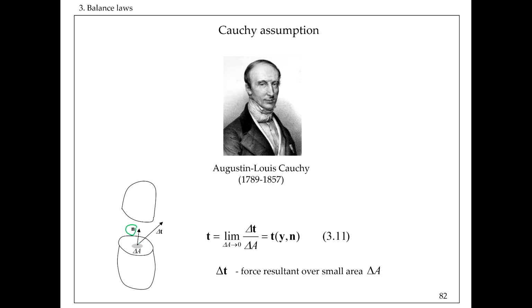We find this small area element, and we make it as small as possible. So we're taking the limit of this area going to 0, and we calculate the ratio of the resultant force of all the forces that act on that small element at that point, which will be delta t, divided by the area. In that way we introduce this traction vector.